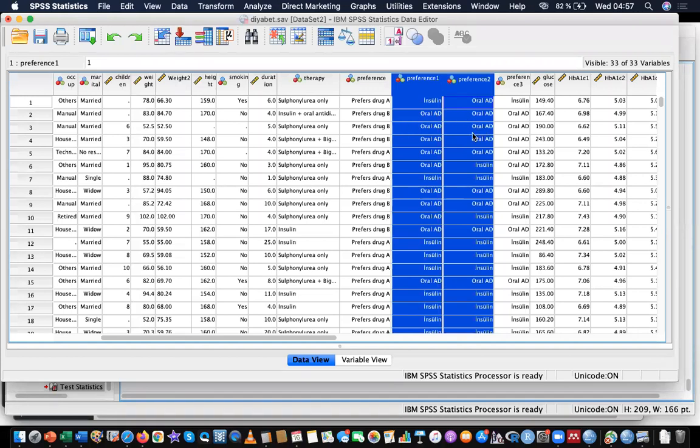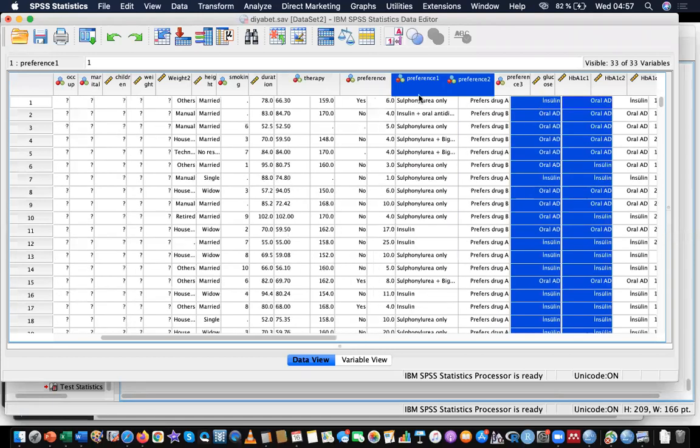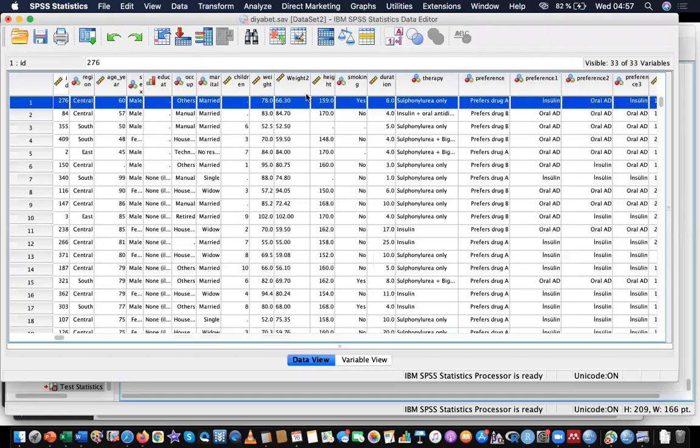Then after the class, I asked them again, which medication do you prefer now? And you see, these are the responses. Patient number 1 was using insulin at the beginning, preference 1 and preference 2, these are the two columns.